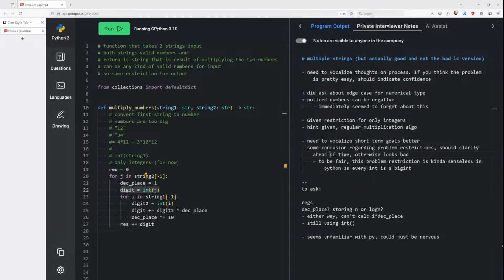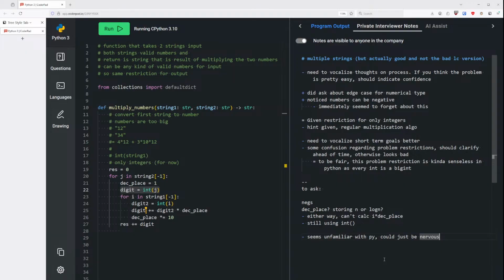So going through string 2 in reverse, start off each time with a decimal place of 1 because we start at the first digit, the 4 times 2. Then I convert the j, which would be the 4, to an integer. That makes sense. And then I go through string 1 in reverse as well, so that we can start with the decimal place at 1. And then I convert that to an integer as well.